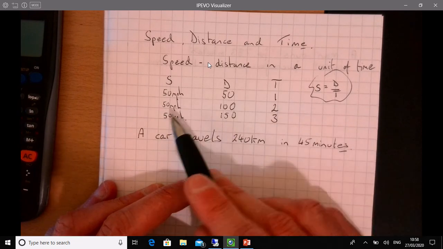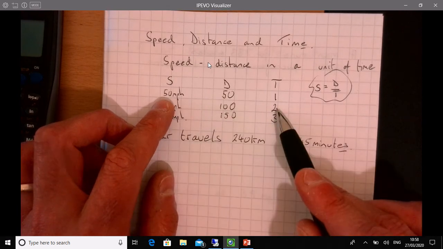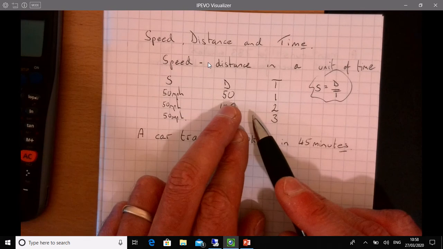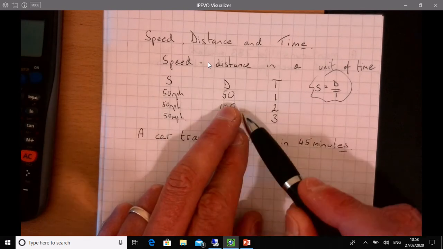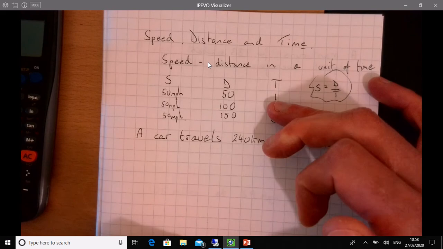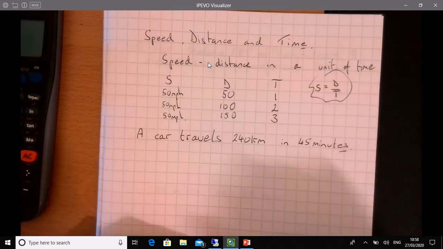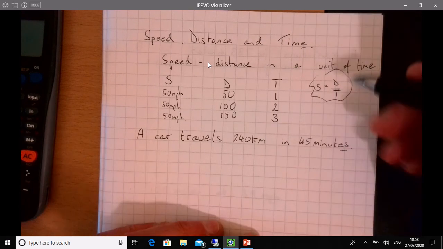Let's imagine I don't know what speed is. 100 divided by 2 gives me 50. If I didn't know what the distance was, 2 times 50 is 100. If I didn't know the time, it would be distance over speed. So we can very quickly just write those things down.